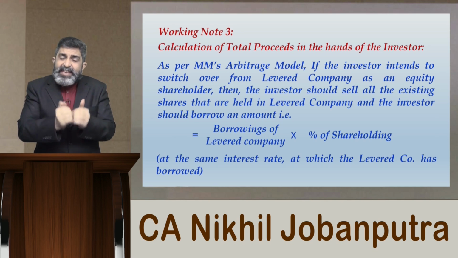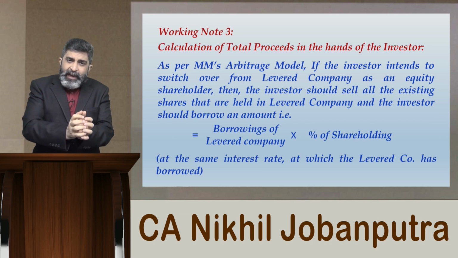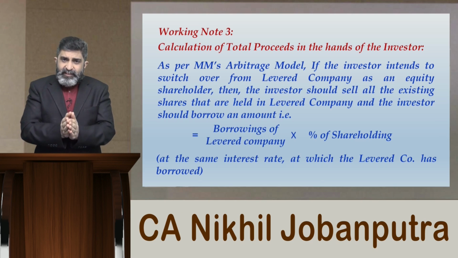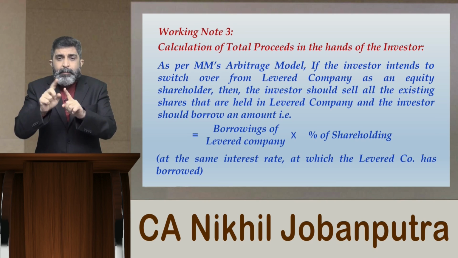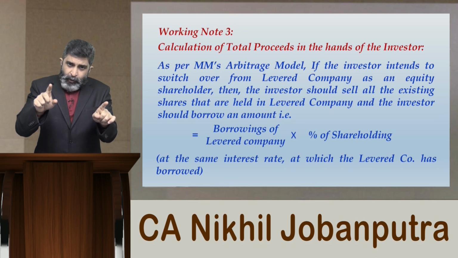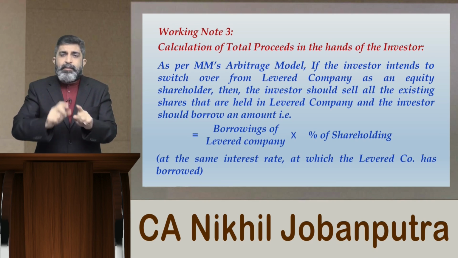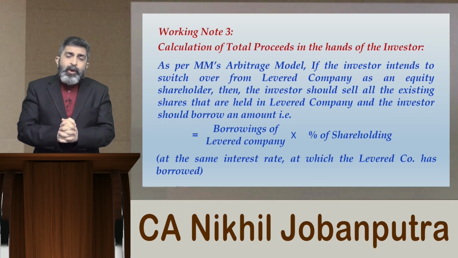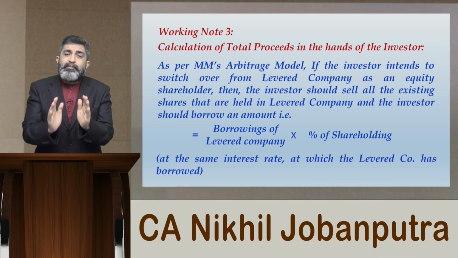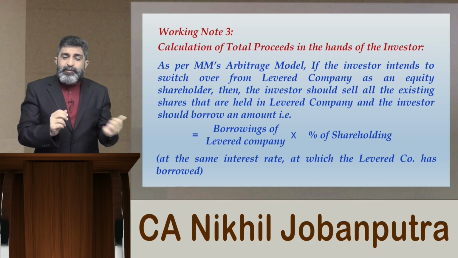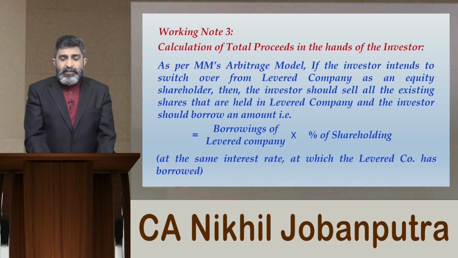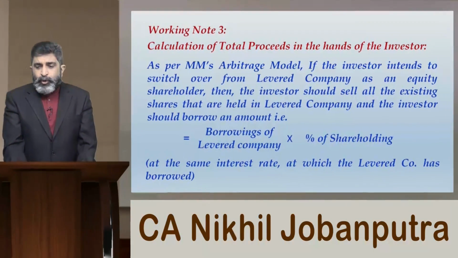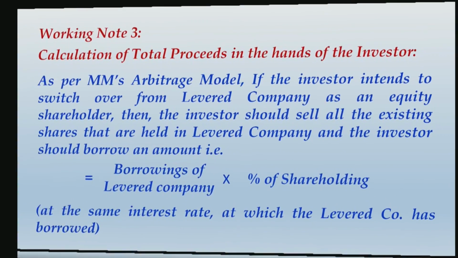Both of these cash inflows will be then utilized to purchase as many shares as possible in company Y Limited, and then we will compare the earnings of this investor from company X Limited and from company Y Limited, and then we will decide whether the investor will be better off or not. So the most important thing in MM's arbitrage model is this last part, where personal borrowings will be raised by this investor. So let me take you ahead to show you how should you write the solution further.